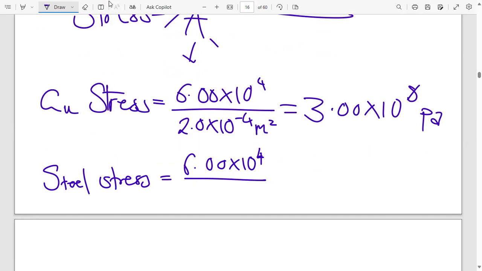Yes, what have you found for the first one? 3. Just 3. Yeah, 3 times 10 to the power 8. No, you are copying my answer. I've already written that.